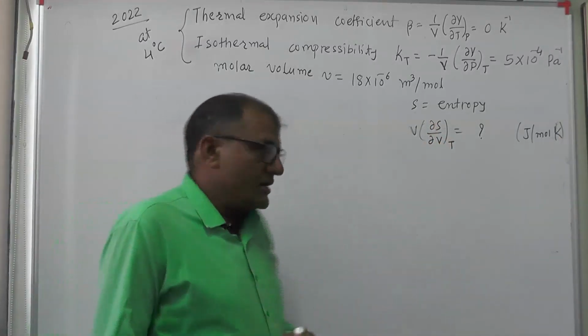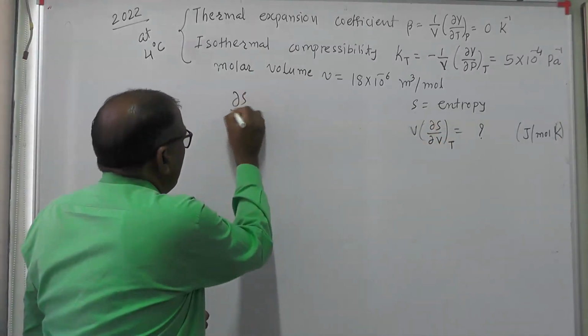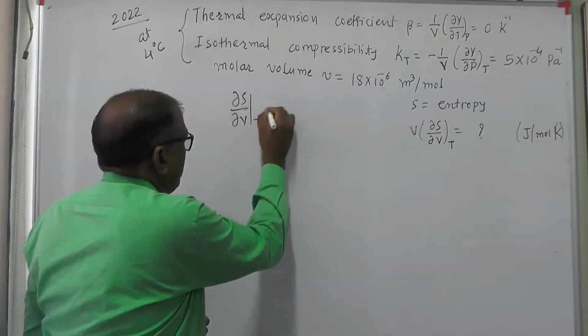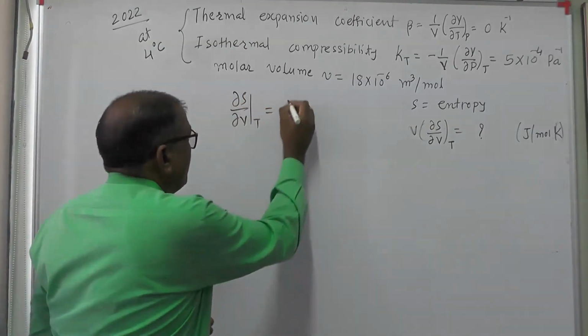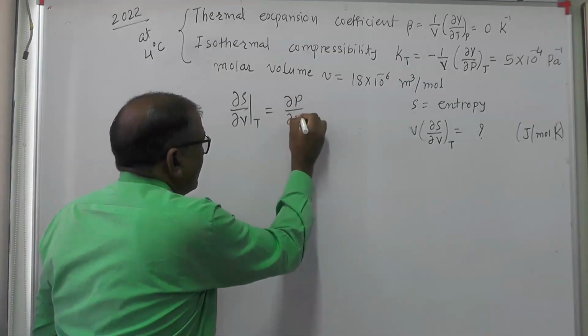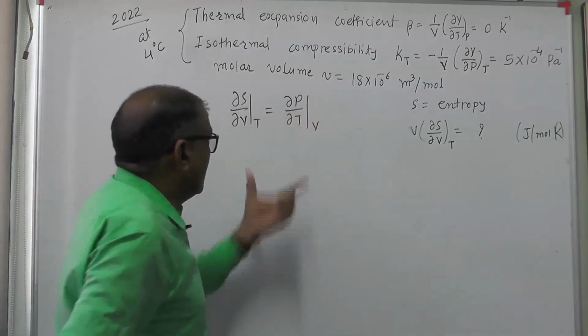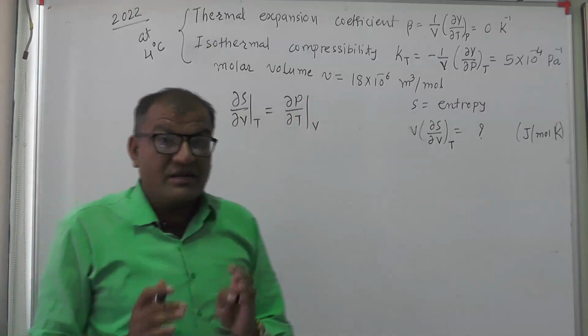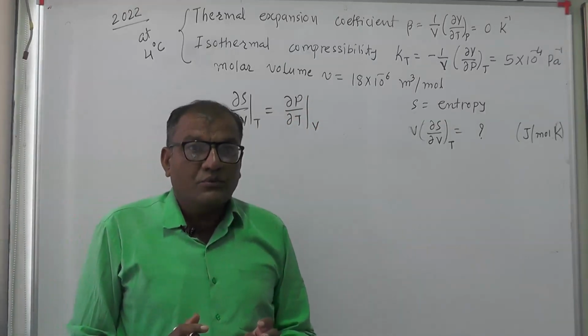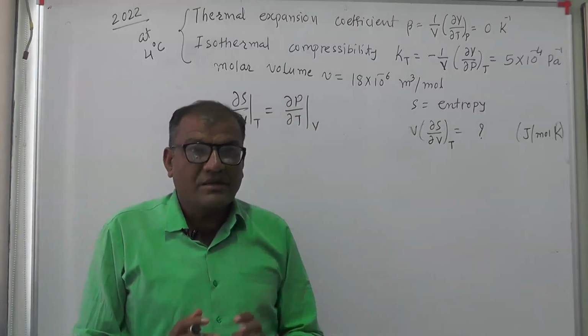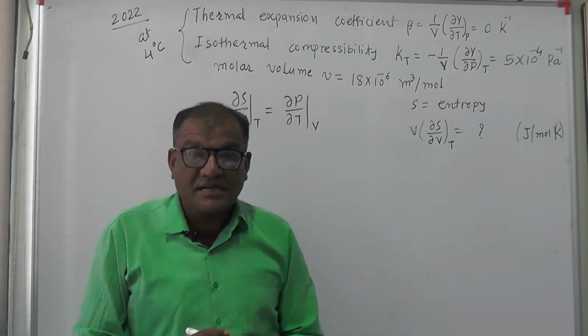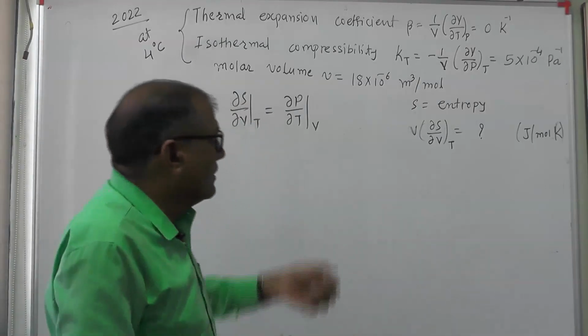From the Maxwell relation, del S over del V at constant temperature is equal to del P over del T at constant volume. This is one of the Maxwell relations. If you want to refer to Maxwell relations, you can go back and check the video of Maxwell relations.